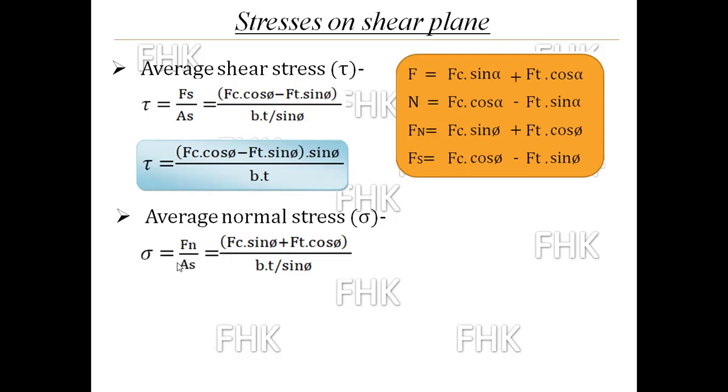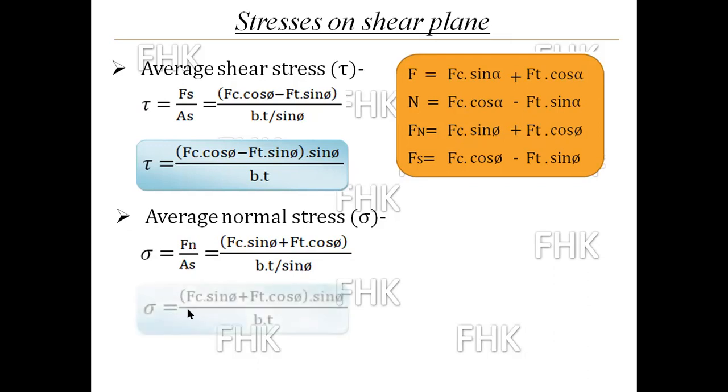That will remain the same in both formulas. What is the value of Fn? Fn is equal to Fc sin phi plus Ft cos phi, divided by b into t divided by sin phi. That way the area will remain constant.